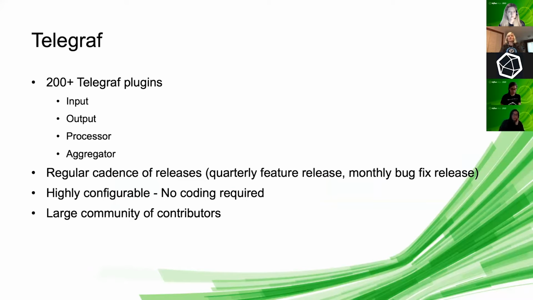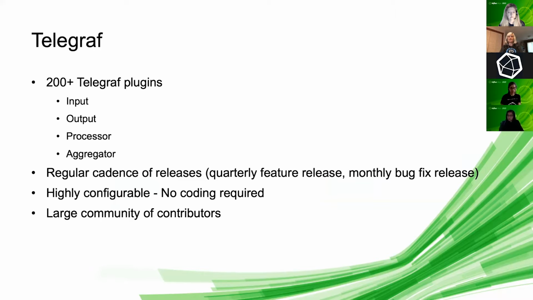We've got over 200 Telegraph plugins today. They fall into four main categories. Input plugins, which are for pulling data from your data source into the Telegraph agent. Output plugins to send it on to whatever the destination is for that data.